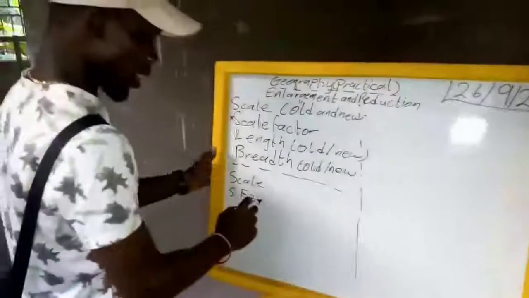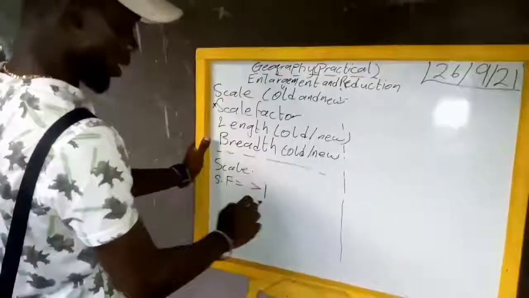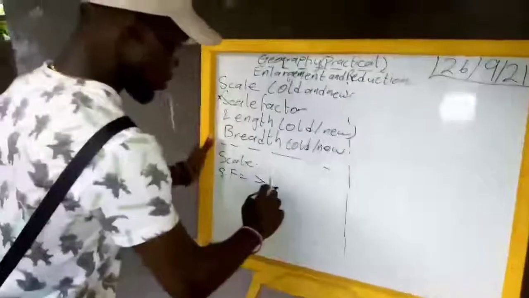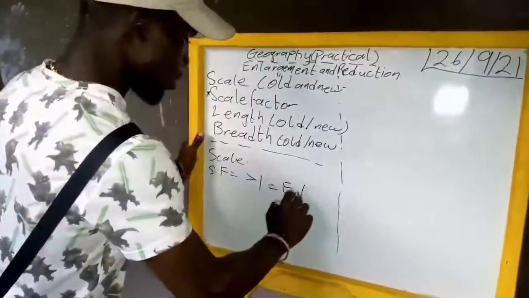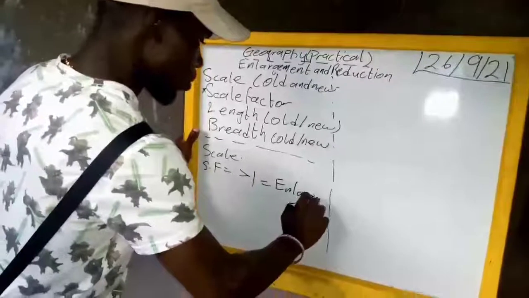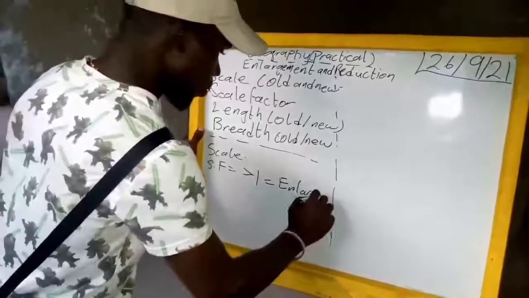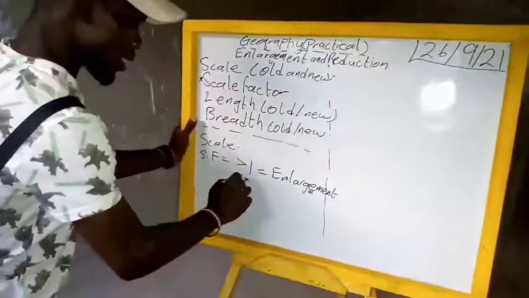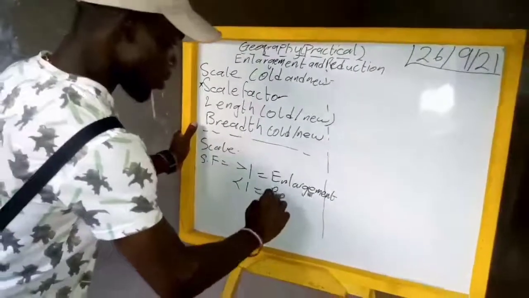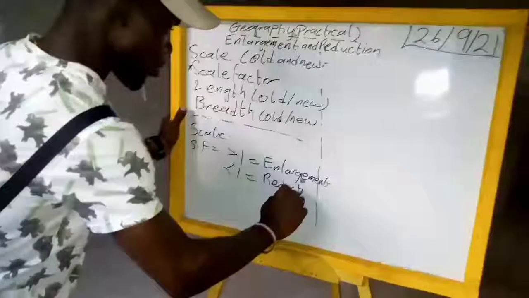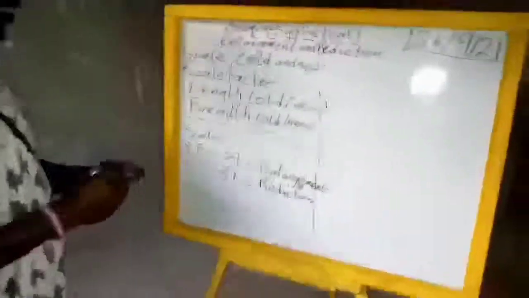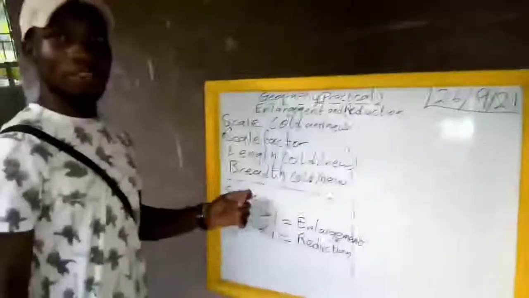If the scale factor is greater than 1, that means enlargement. But if the scale factor is less than 1, it means reduction. So a scale factor of 2, 3, 4, 5 is enlargement, meaning you are going to enlarge.